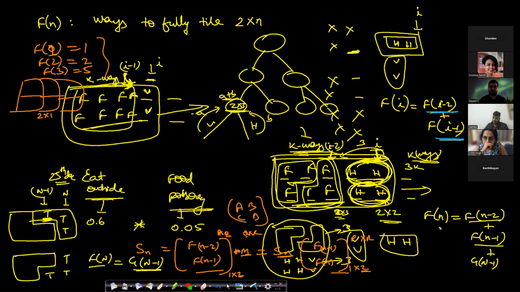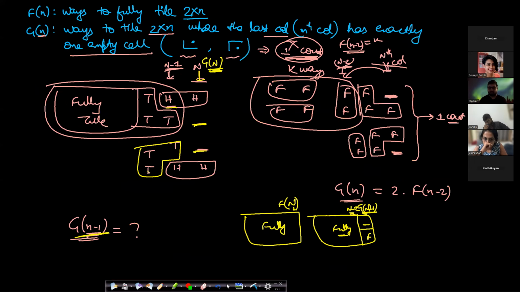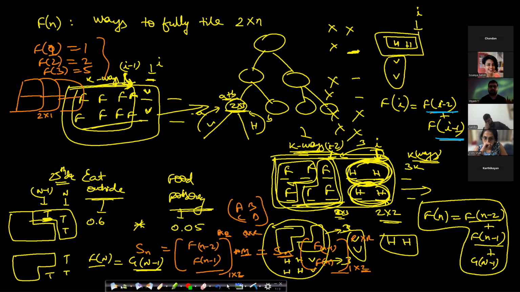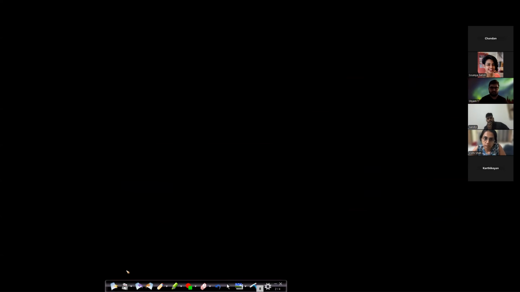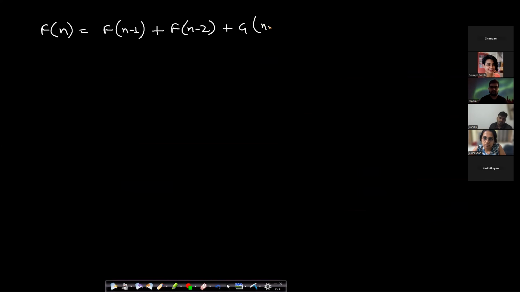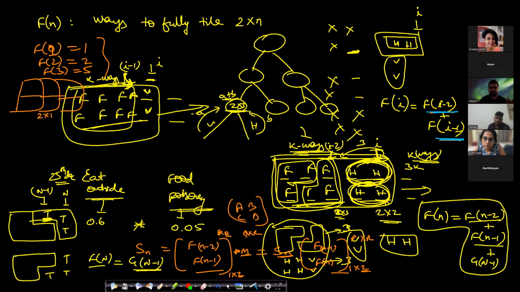Okay. So I hope you have understood these two things. F of n is this. Let me write it again somewhere. So what is the recurrence relation for f of n? F of n minus 1 plus f of n minus 2, plus g of n minus 1.